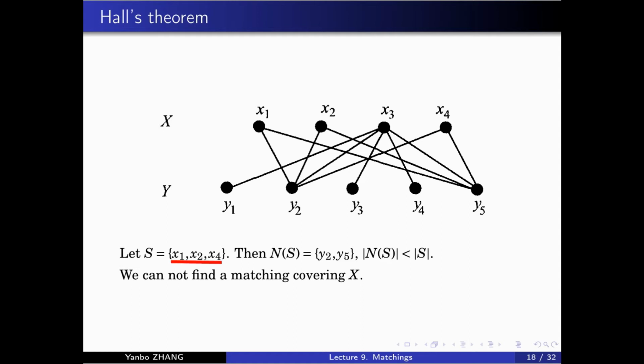Then N(S) contains two vertices, Y2 and Y5. The size of the neighborhood of S is less than the size of S, contradicting Hall's condition. So there is no matching covering X.